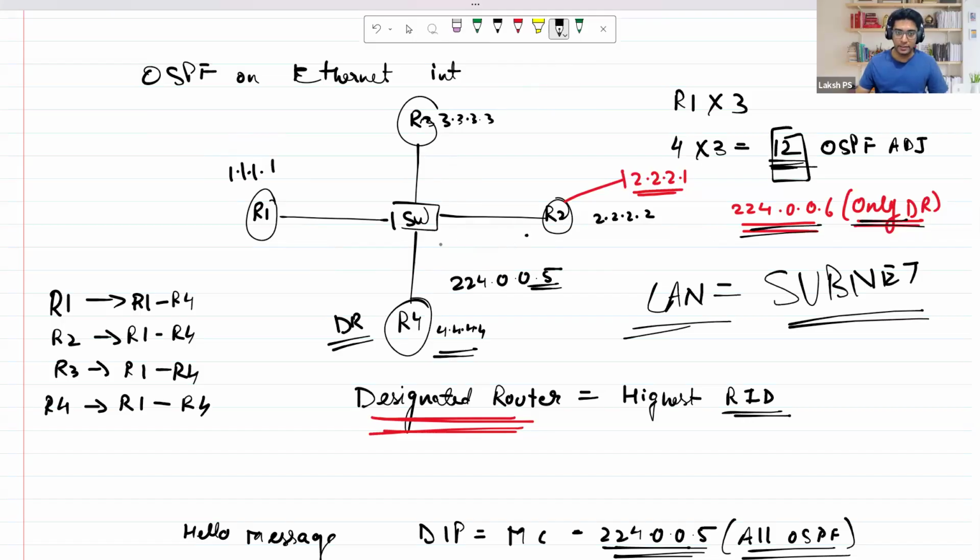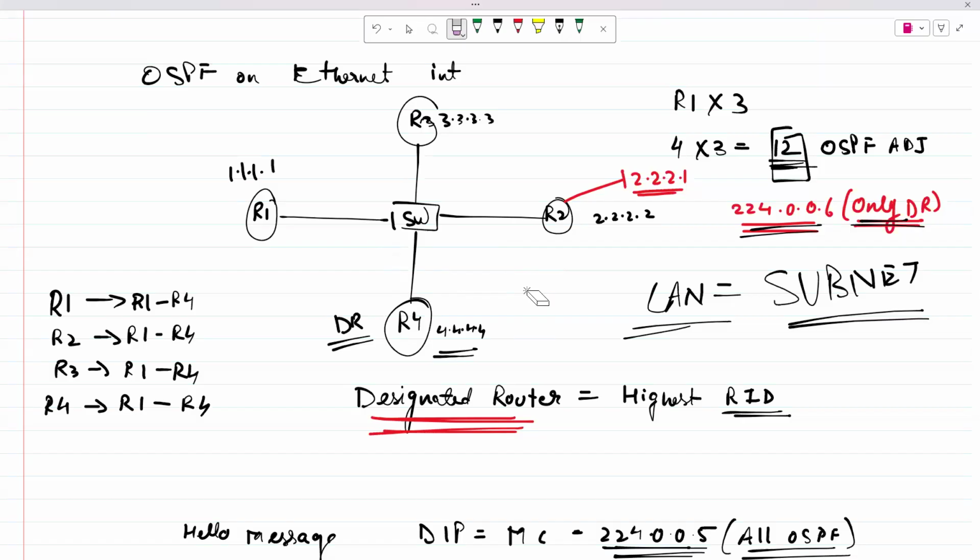When this update is received by the DR, it will send this update to all other non-DR routers at the multicast address of 224.0.0.5, which is all OSPF multicast. Got it? And this is how flooding of updates is stopped in an Ethernet or LAN environment.